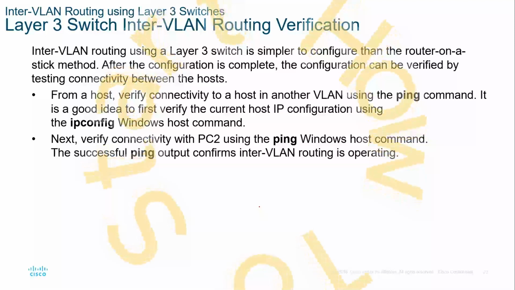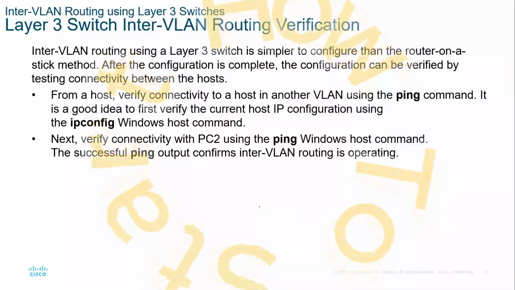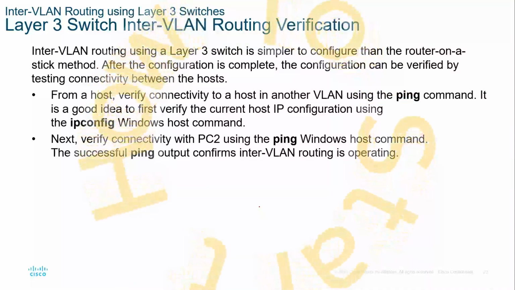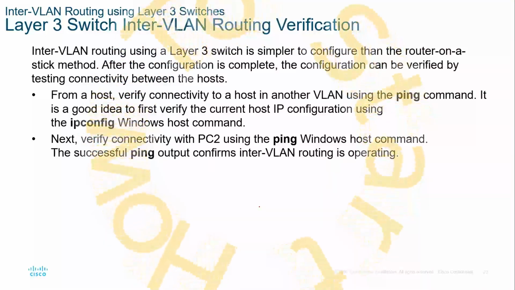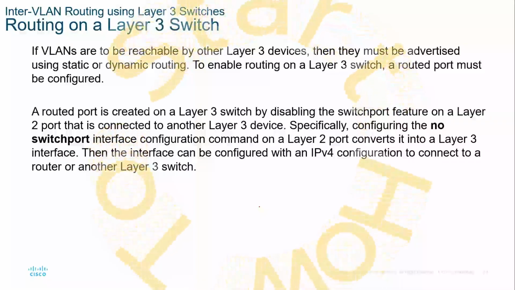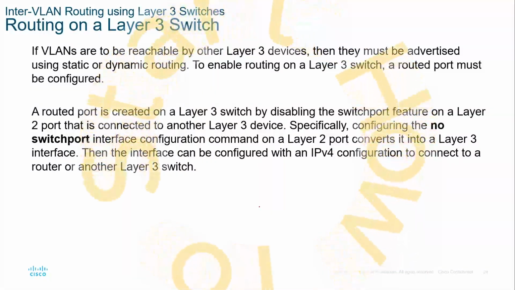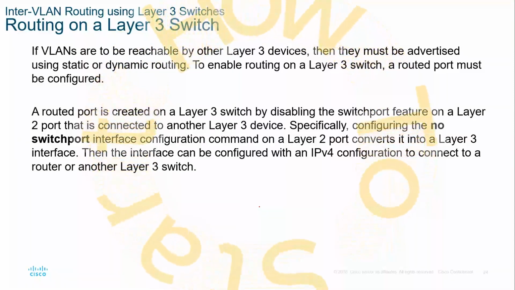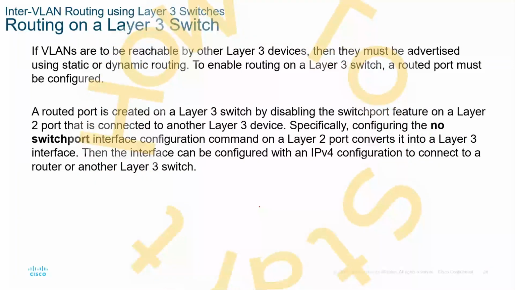So for inter-VLAN routing using that switch, it's way simpler to configure and makes it kind of nice. Less equipment, but again, the device itself is typically more expensive. If VLANs are to be reachable by other layer 3 devices, they must be advertised using some type of routing functionality.